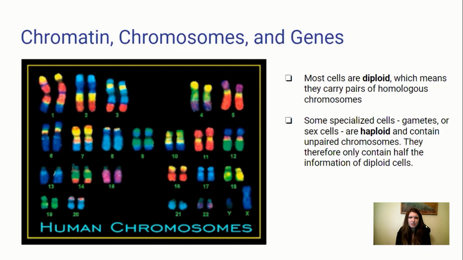So that's what a haploid cell is. But those haploid cells really only occur as we approach sexual reproduction. So those are going to be your sperm cells and your egg cells, but all of your normal body cells are diploid and have pairs of chromosomes, so homologous pairs.